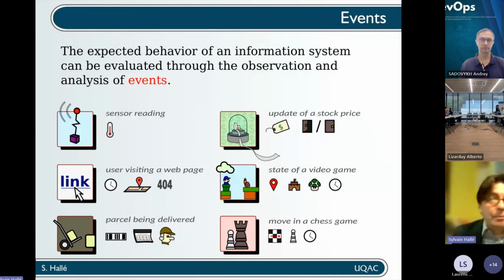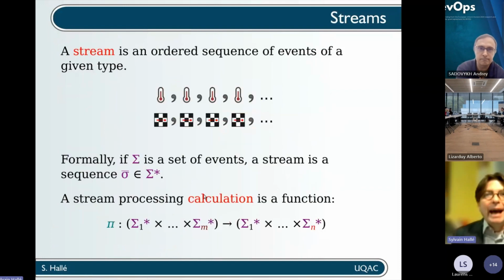The expected behavior of the system can be evaluated by looking at this sequence of events that is produced by the execution of the system, and then you evaluate conditions on these events that are recorded. I gave lots of examples of events that can be produced by various kinds of information systems, but of course, you can translate that to whatever field of application you're interested in.